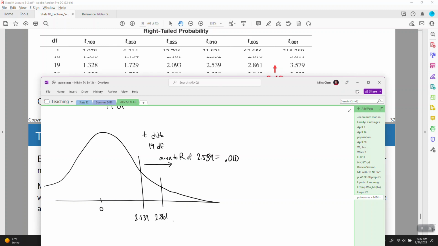If I go farther away from 0, the area to the right of 2.861 is 0.005.